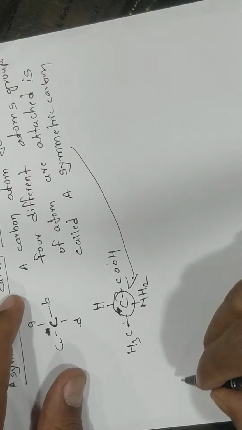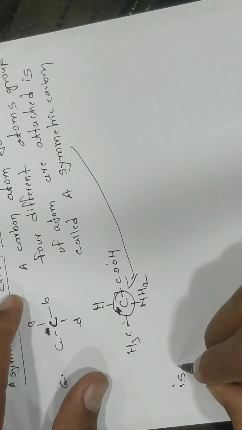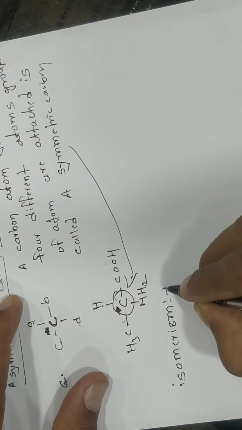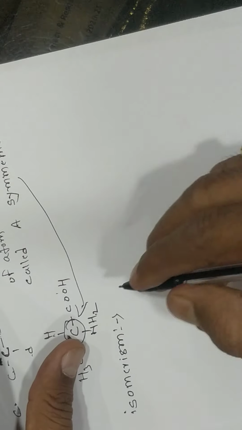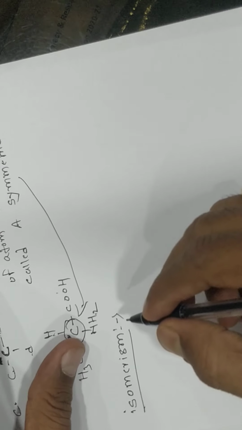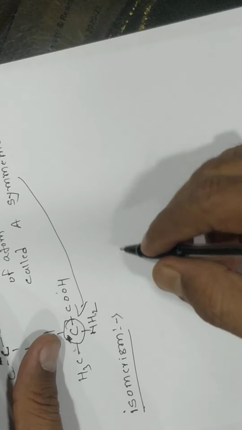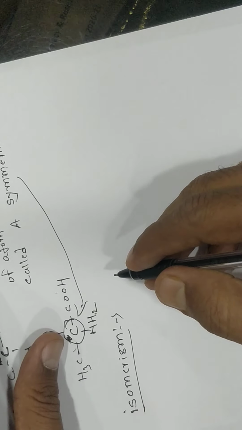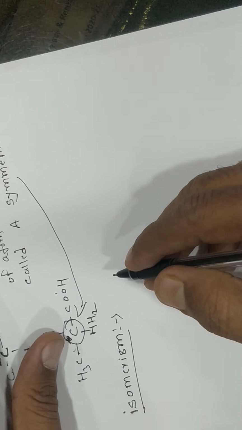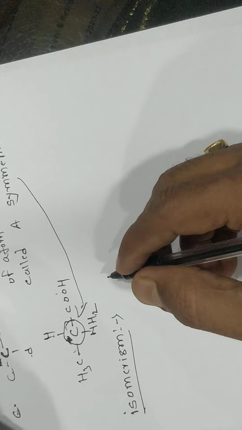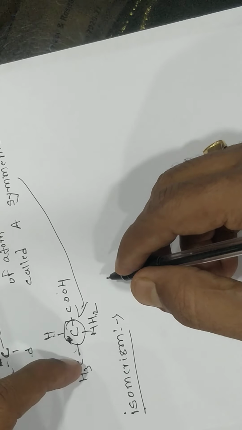Okay. Now the next part, isomerism. How do we show isomers? A compound with an asymmetric carbon atom shows isomers, or isomerism. An asymmetric carbon atom means the carbon has four different groups.